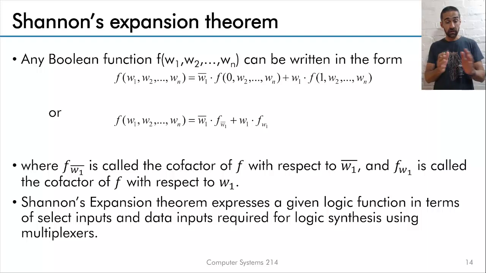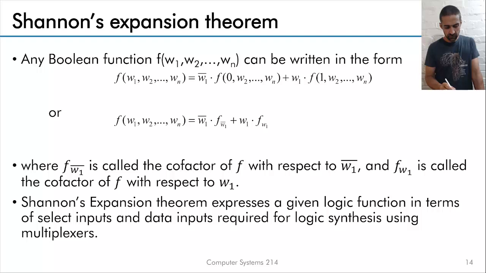Now we get to the crux. This is Shannon's expansion theorem. Shannon's expansion theorem basically formalizes the weird things we've seen in the previous slides. It says any Boolean function that has a certain number of input variables can be written in a multiplexer form.